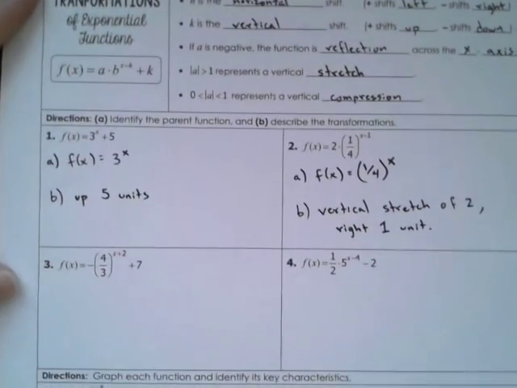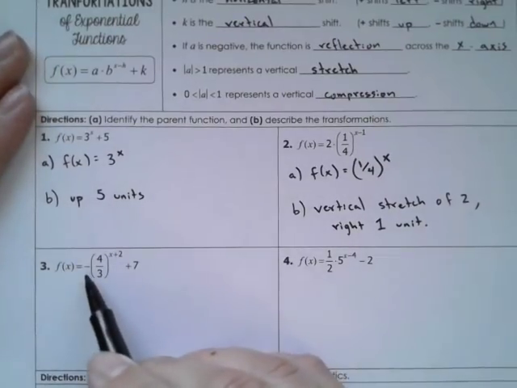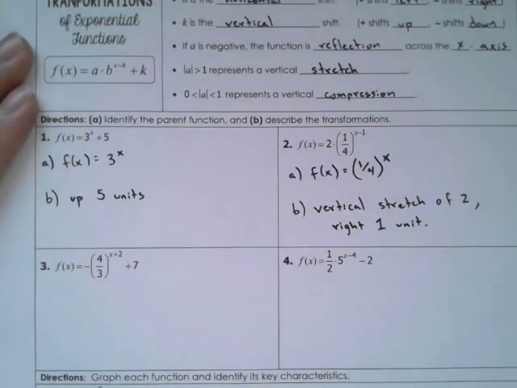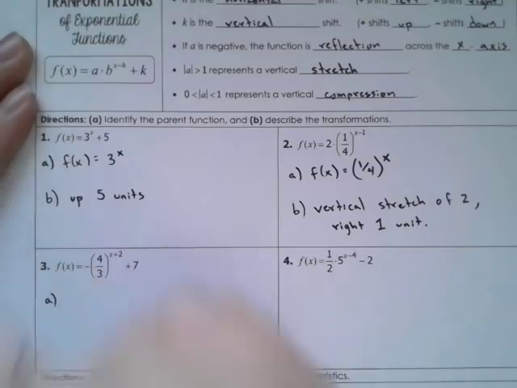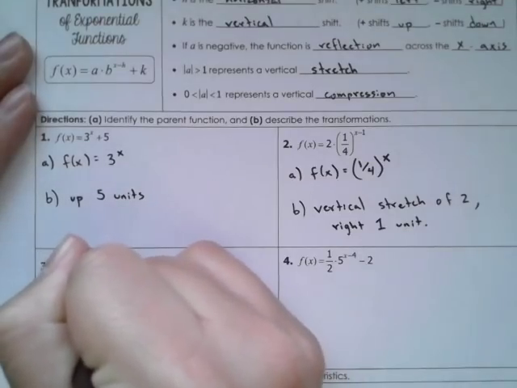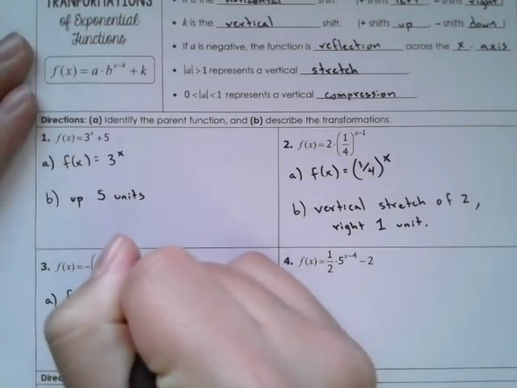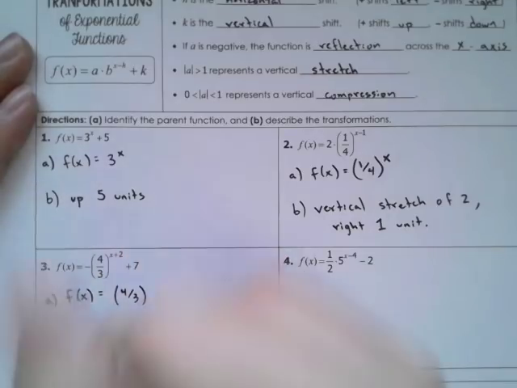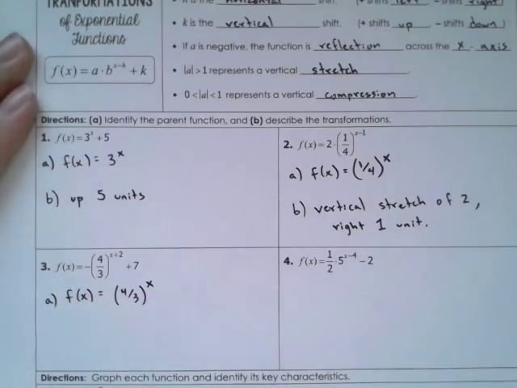Number 3, I have a negative in the front. Okay, well, actually, hang on, before I do that, let's describe our parent function. F of x is equal to, again, just the base, 4/3, to the x.